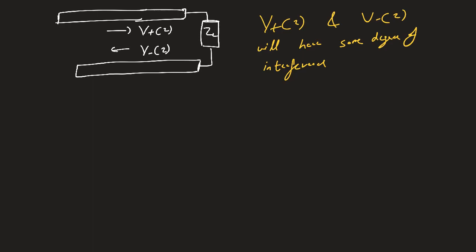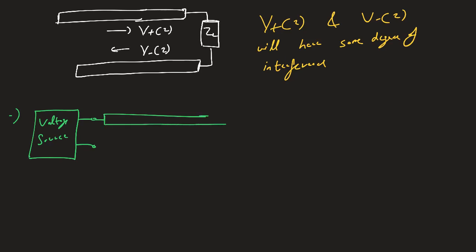Basically what the voltage standing wave ratio, the VSWR technique, does is that it uses this interference to try to find out an unknown impedance. So the idea is that you have a voltage source over here, and this voltage source is connected to a transmission line, right?